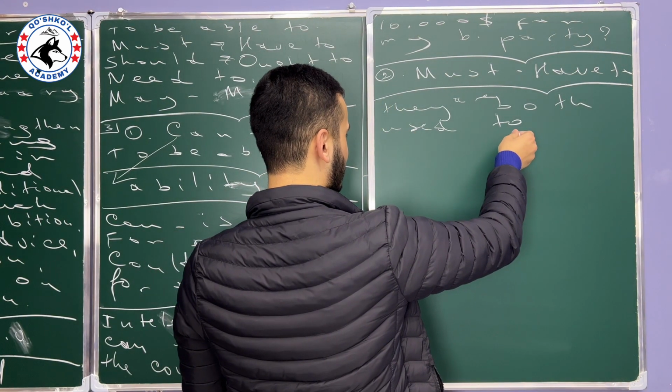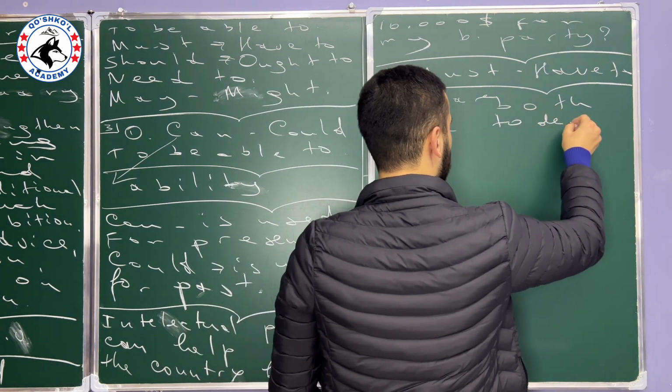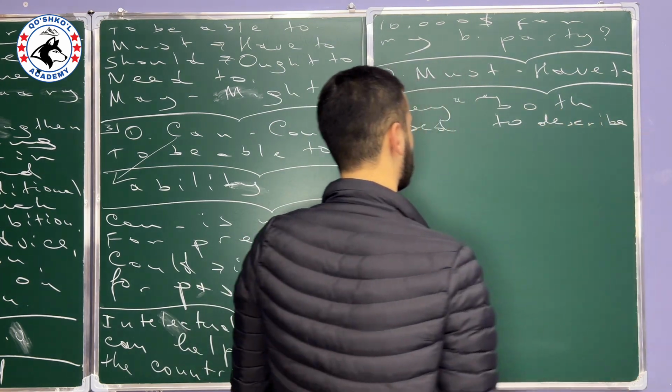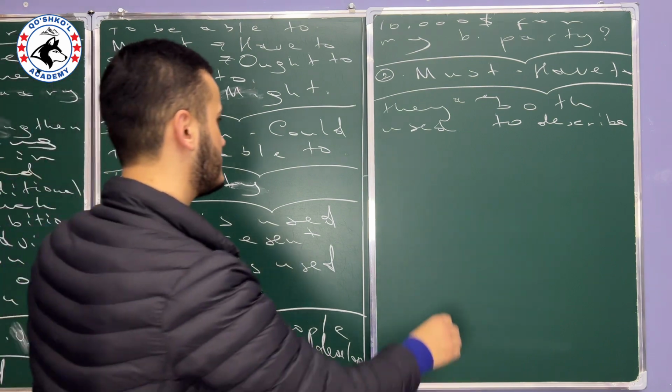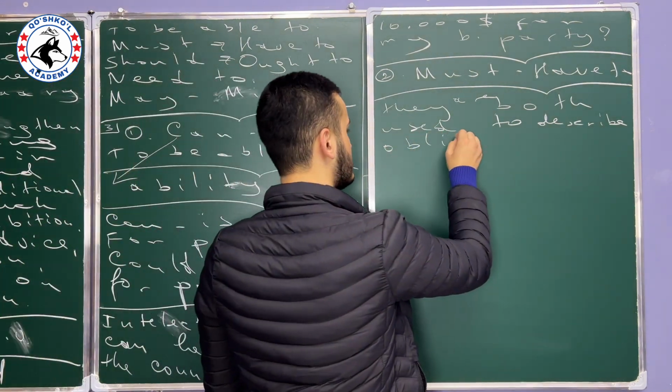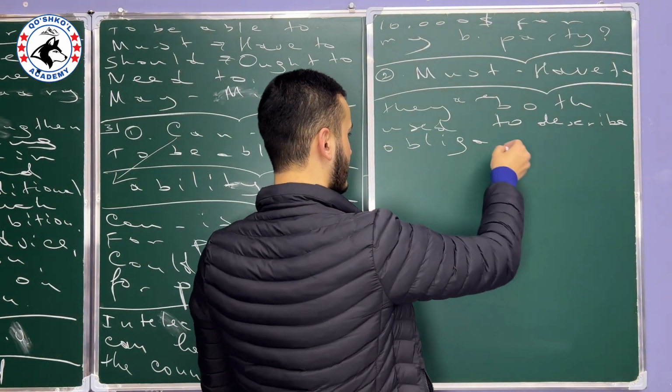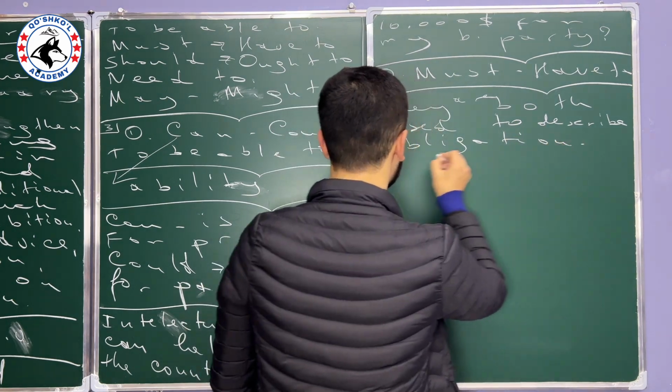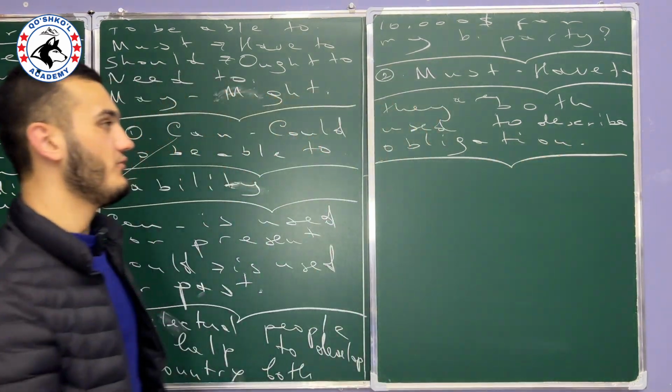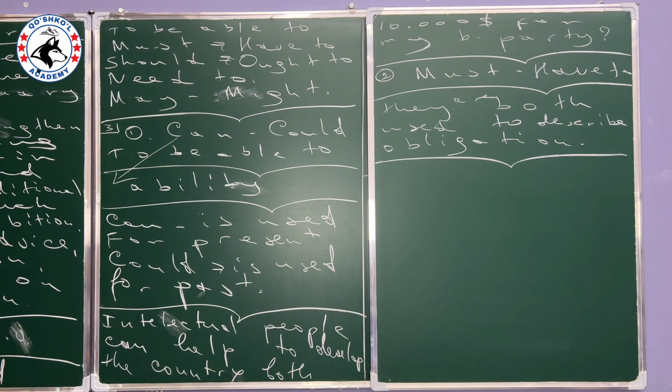Used to describe obligation. Obligation. So, if they describe the same meaning, what's the difference? What's the contrast? Must is used to describe a personal statement, personal obligation, while have to is used for social obligation.